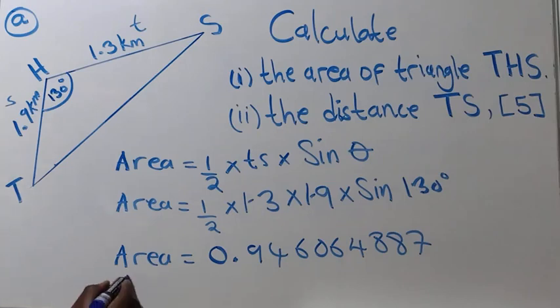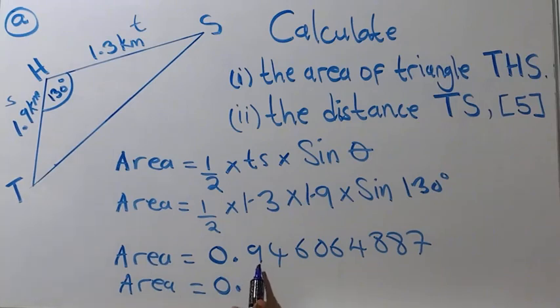So our answer, area is equal to 0.946: the 3 significant figures are 9, 4 and a 6. The next digit, a 0, can't round off this 6, so the 6 stays as it is.